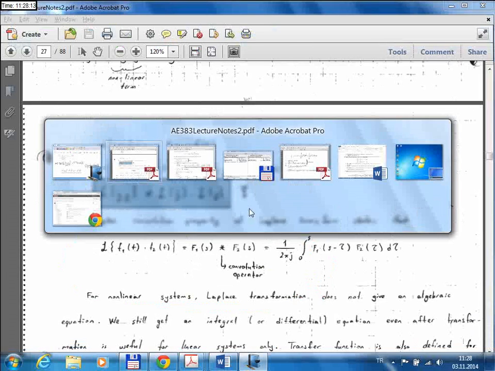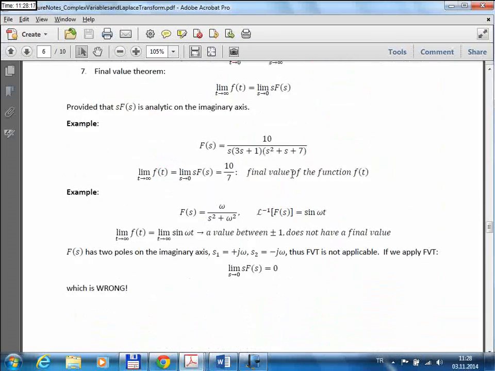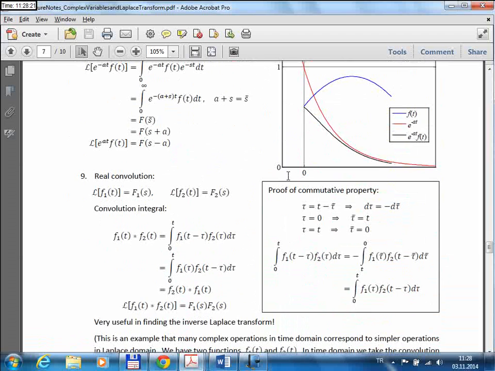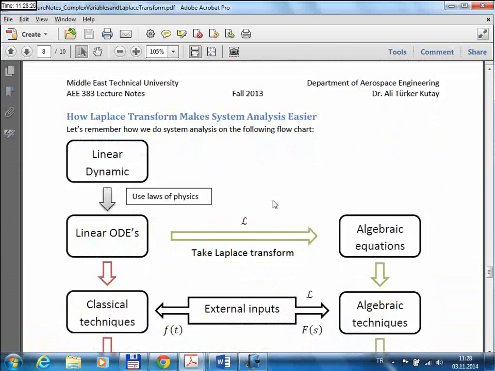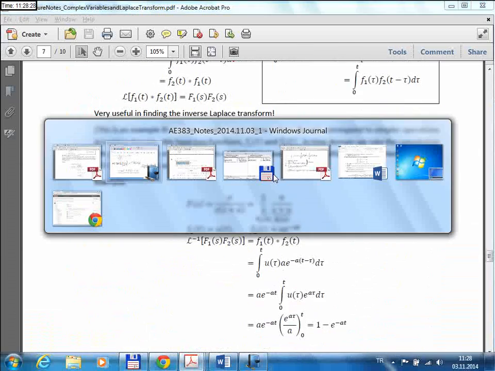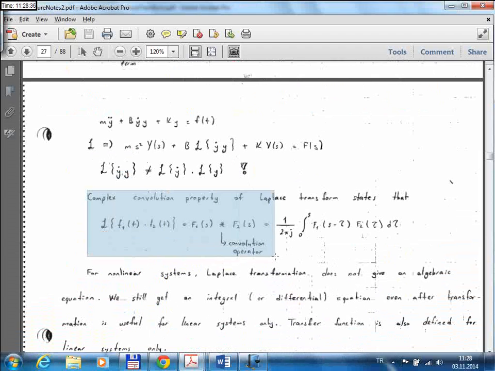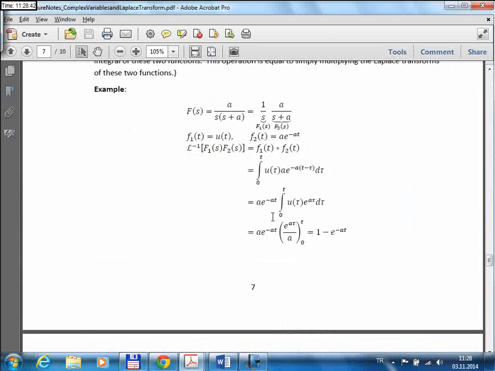If you go back to the Laplace transformation properties, there was the complex convolution property. Okay, I have it here. The complex convolution property of the Laplace transform states that the transformation is given by this relation.